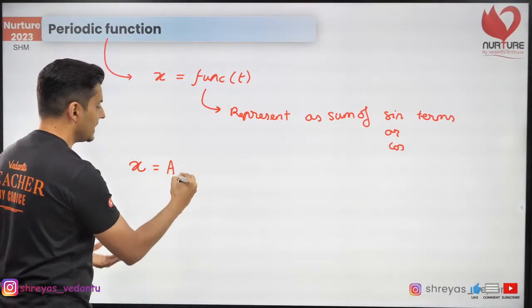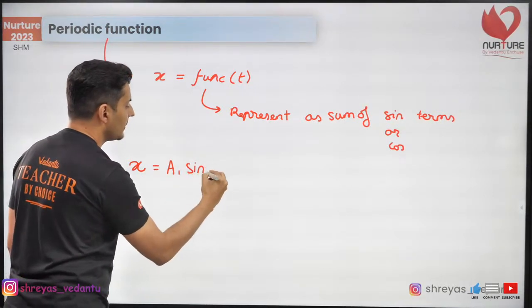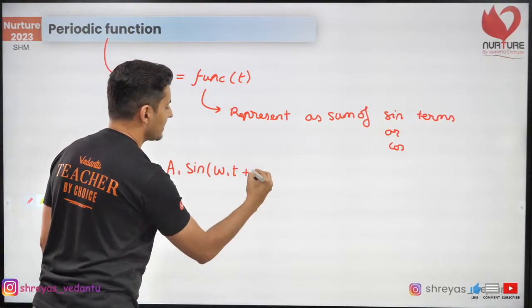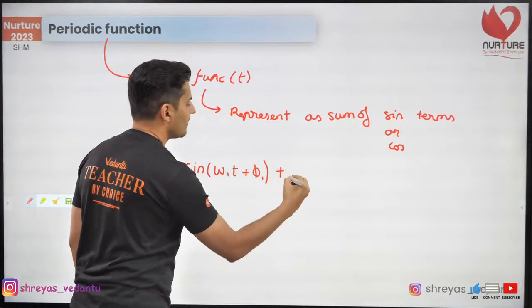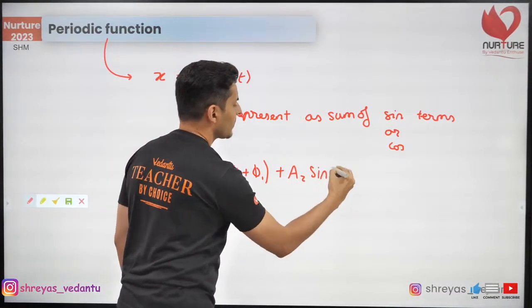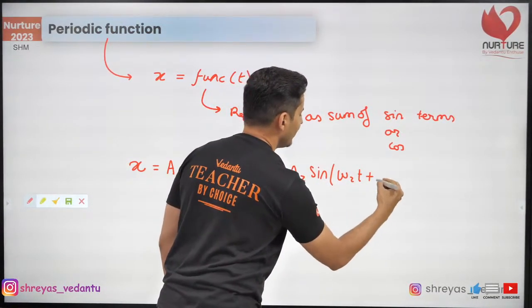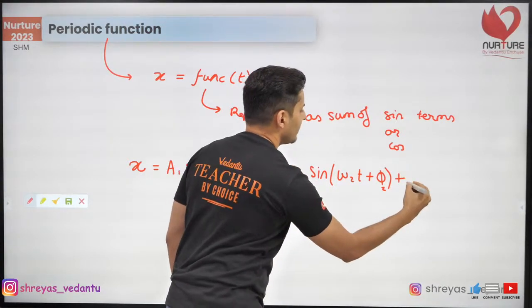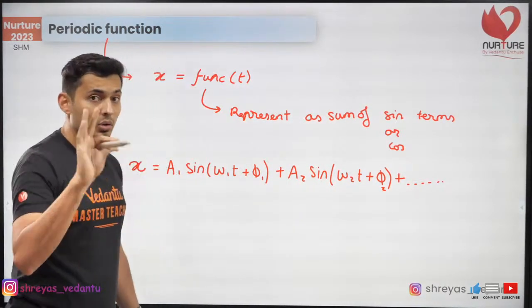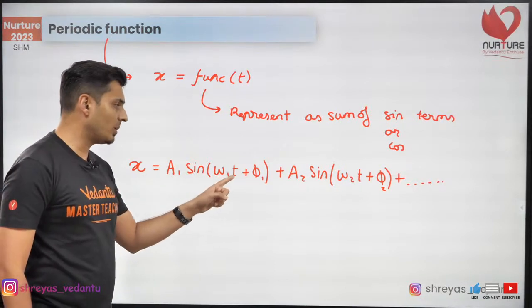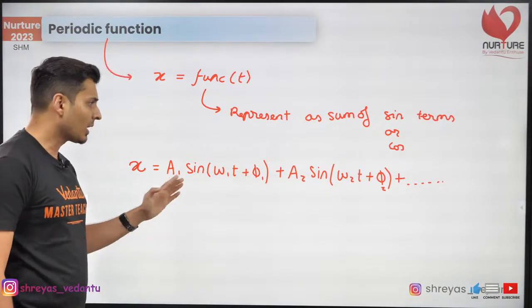I can use some constant a1, I can put sine of omega 1 t plus phi 1, and then I can have a2 sine of omega 2 t plus phi 2, and so on and so forth. I know you are wondering, sir, what is this a1, what is this omega 1, what is this phi 1 and phi 2.